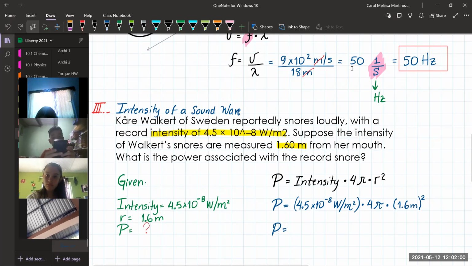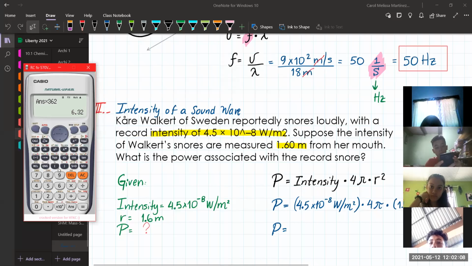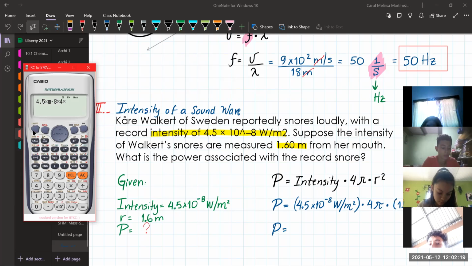Now in your calculator, this will be 4.5 exponential negative 8 times 4 times pi times 1.6 raised to the second power. And then you put it in scientific notation.